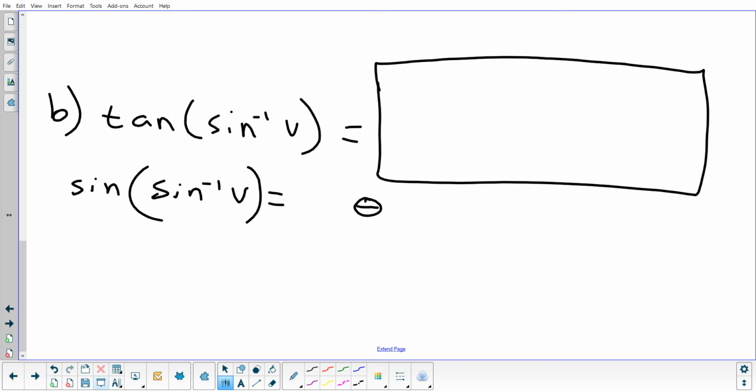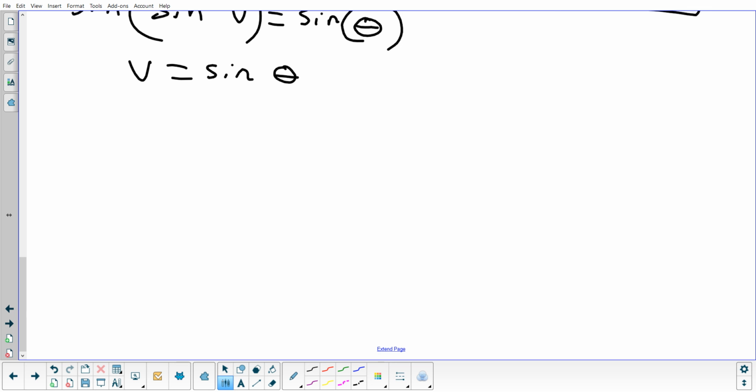The opposite of our function is sine, and it's going to cancel out inverse. But if you do it on the left, you've got to make sure you do it on the right. Sarah, what does that leave me with for a new equation? V equals sine of theta. Perfect. V equals sine of theta.